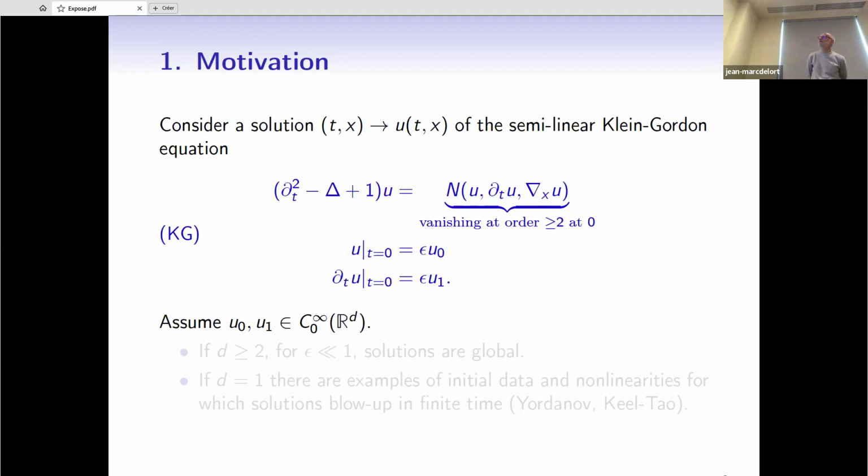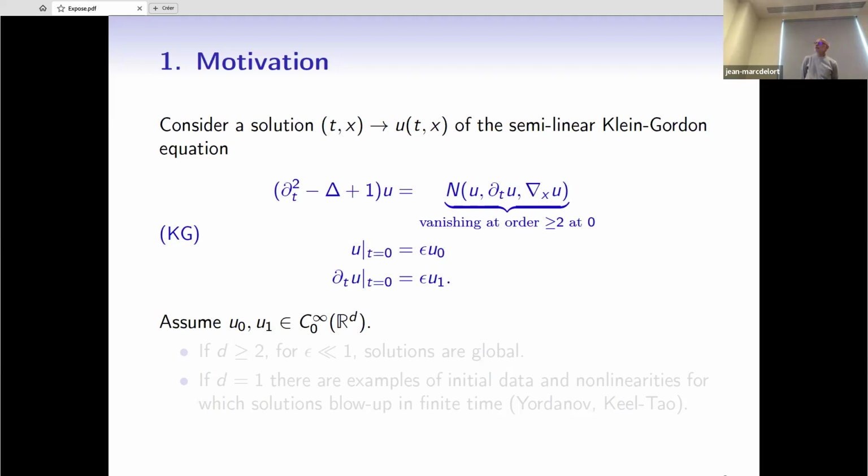Let me consider a solution of a semi-linear Klein-Gordon equation, (∂t² − Δ + 1)u equals a nonlinearity N, depending on u, ∂t u, and ∇x u. The nonlinearity vanishes at least at order 2 at the origin.